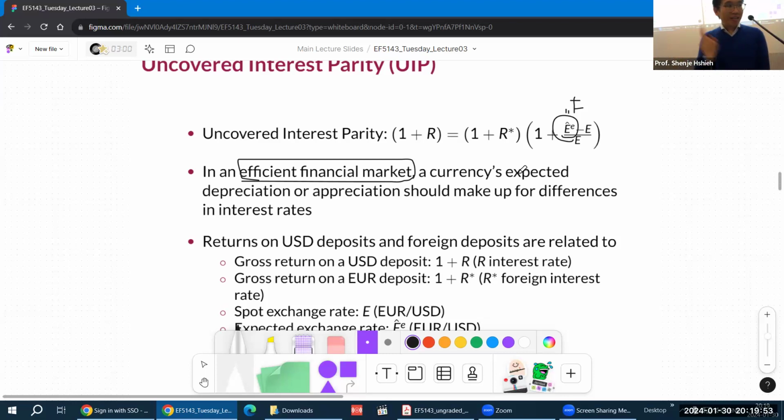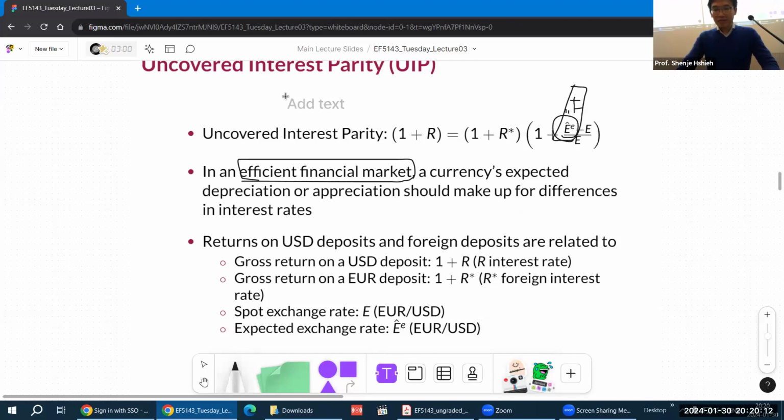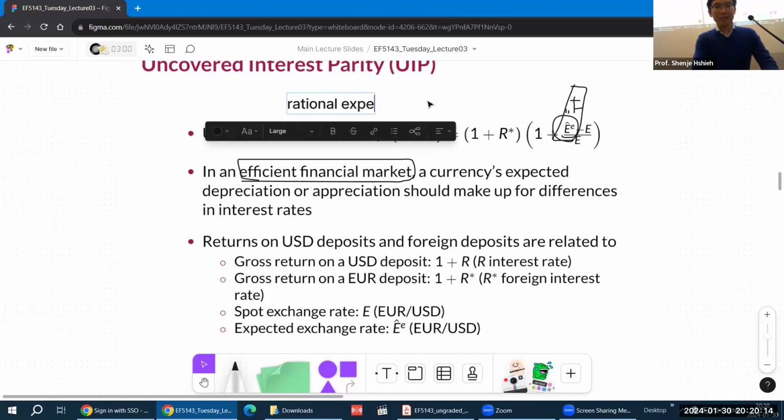If markets are efficient and information is efficiently aggregated, then we can expect the market to predict the future quite accurately, in which case we can say F is approximately equal to E hat E. This is called rational expectations, and it's an information story.